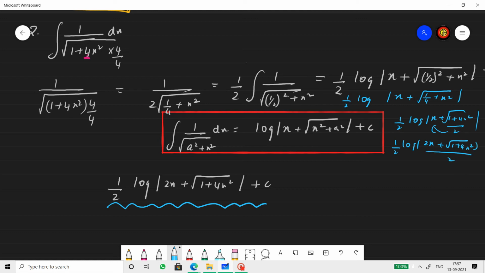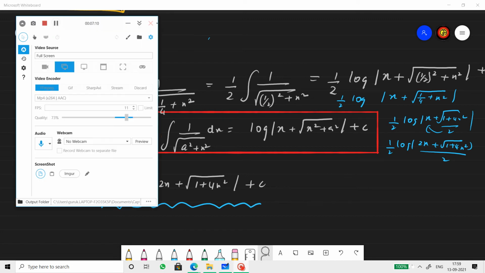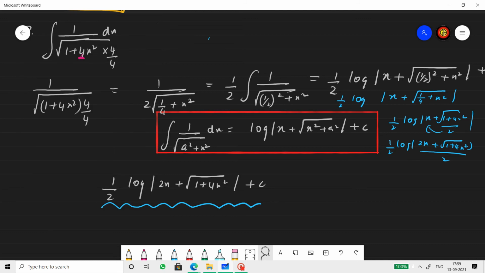This means log a by b, so that becomes log a minus log b. Log a by b is log a minus log b. So you get half log 2x plus root over 1 plus 4x square minus log 2.